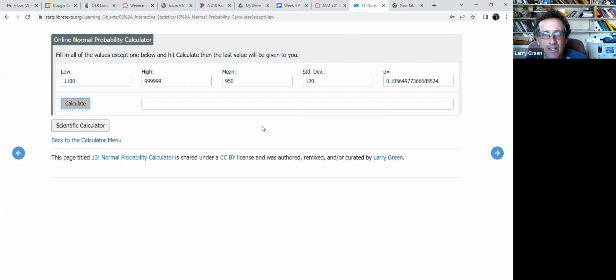So now we go back to the calculator. 0.99 was our probability. How about low and high? Which one's blank? Yeah, the high is the blank one. What's the low? Yeah, you can go 0. You could also do negative 9999. You get the same answer. I try not to keep trick questions that way. And I hit calculate.